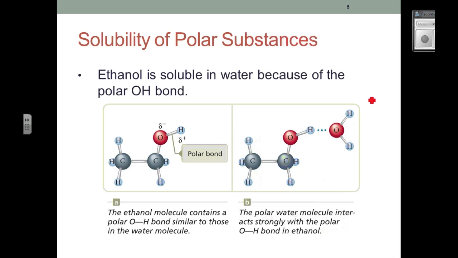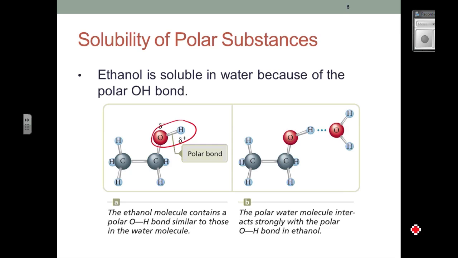Now we don't have to have ions for water to interact. We can have polar compounds. So right here we have ethanol. What part of the ethanol compound is polar? Good, the OH bond right here.